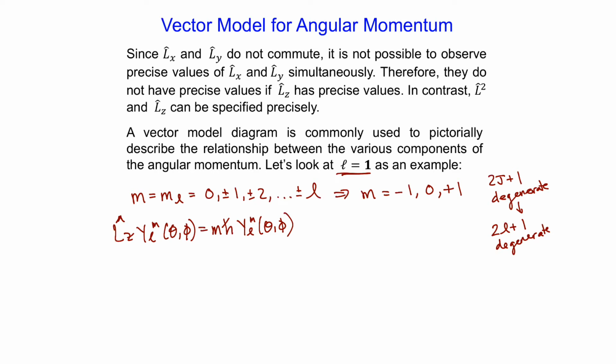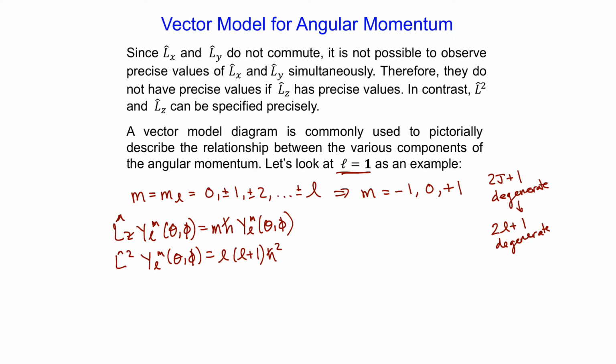And then same for L squared. We know that those eigenvalues are L times L plus 1 times h bar squared.